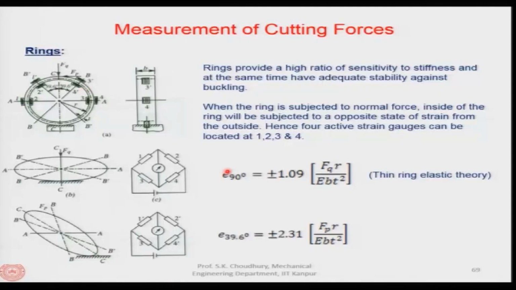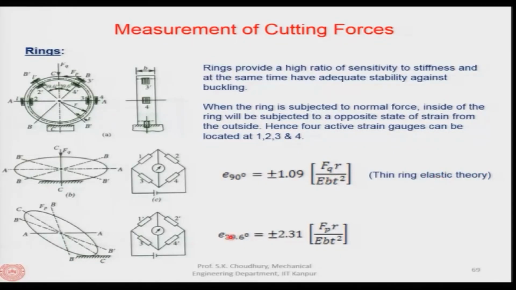So, at 90 degree, which will be actually measuring this, we have the Wheatstone bridge like this, consisting of 1, 2, 3, 4 sensors, and this Wheatstone bridge will give you the value shown here, which will depend on the F q, R, E, B and T square. This is the thin ring elastic theory, from where it is taken.